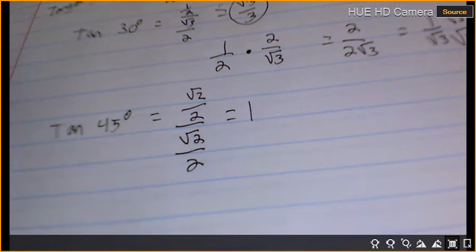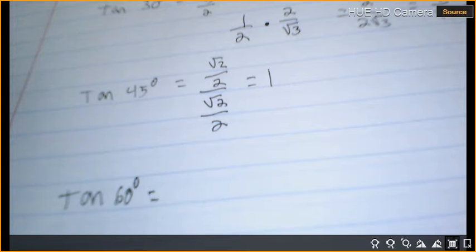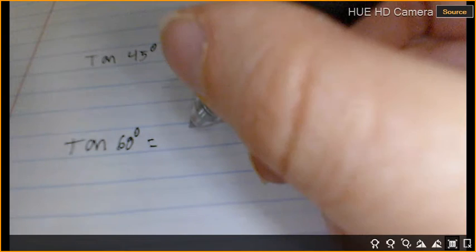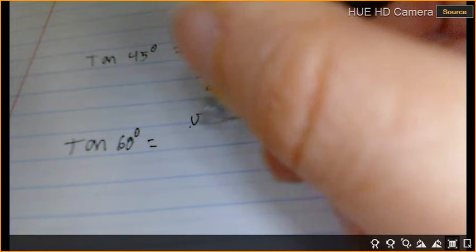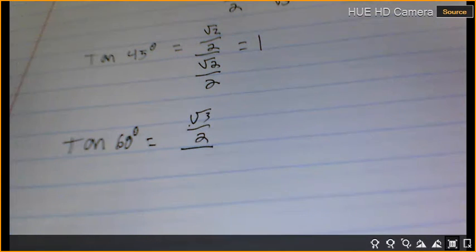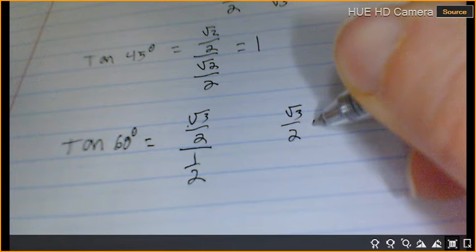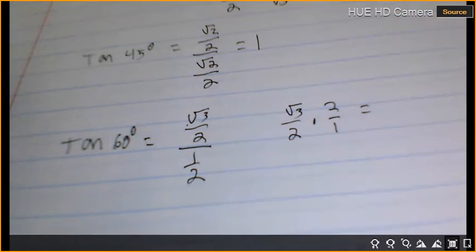Okay. Let's do tan of 60 degrees. So you guys tell me, what is the y value at 60 degrees? What is the x value at 60 degrees? Okay, so I'm going to go square root 3 over 2 times 2 over 1. What do I end up with?